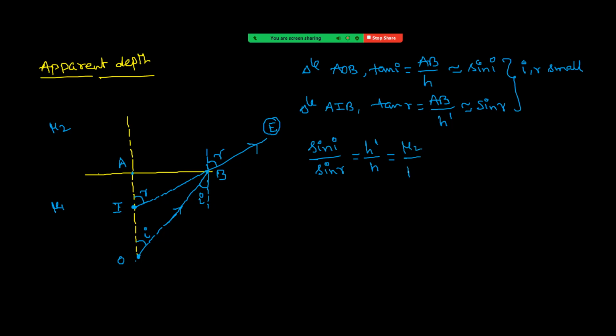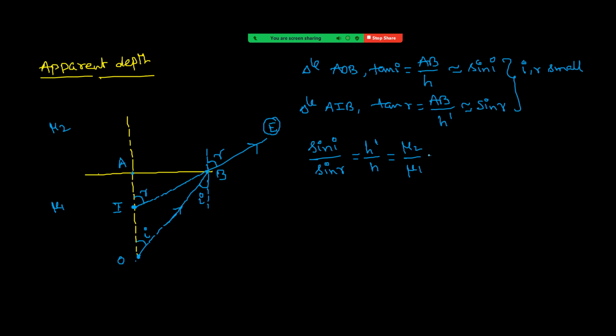From Snell's law, mu1 sin I is equal to mu2 sin R, or sin I by sin R gives mu2 by mu1. We read this as the refractive index of second medium with respect to first medium. I am repeating, sin I by sin R gives refractive index of second medium with respect to first medium.